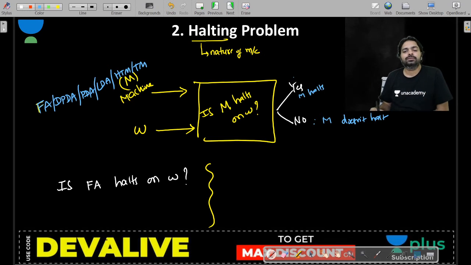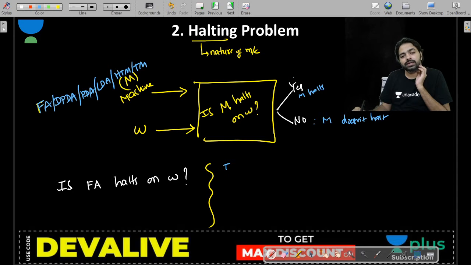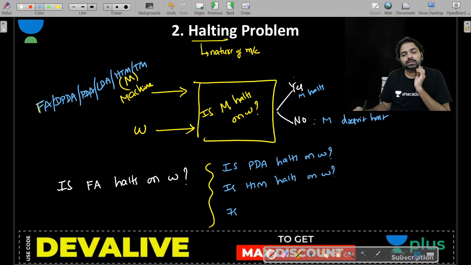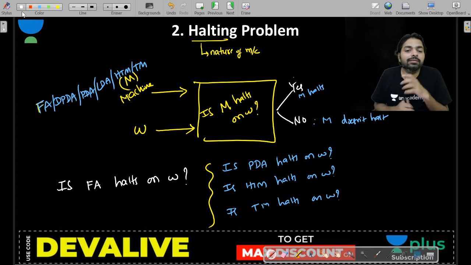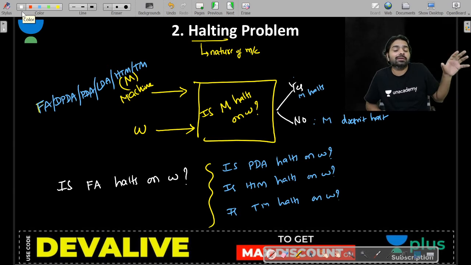Now for a PDA, how do you write it? Does the PDA halt on W? Does the HTM halt on W? Does the TM halt on W? Only on W. The given machine is also different.